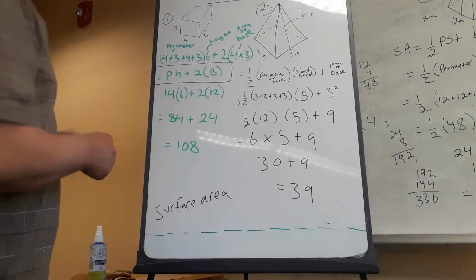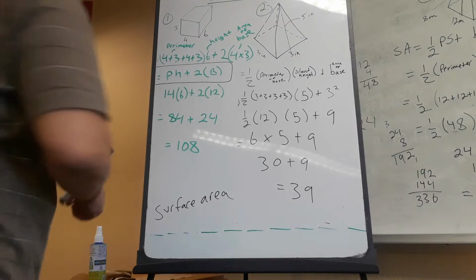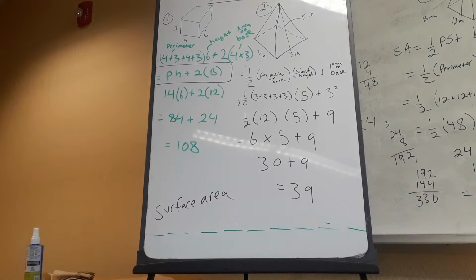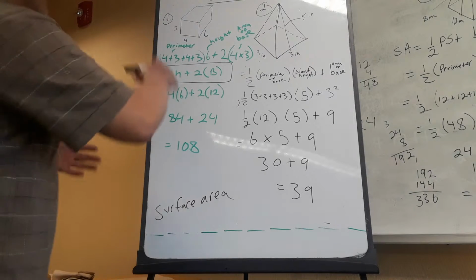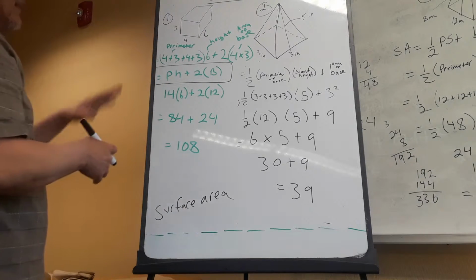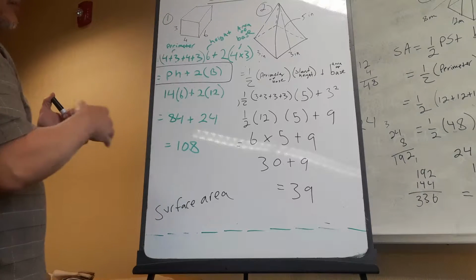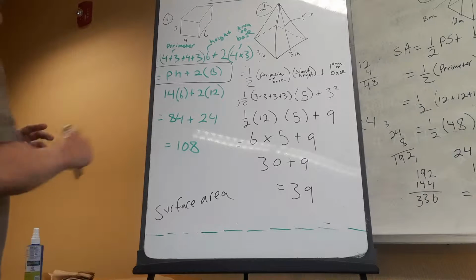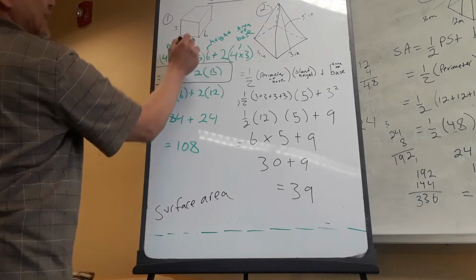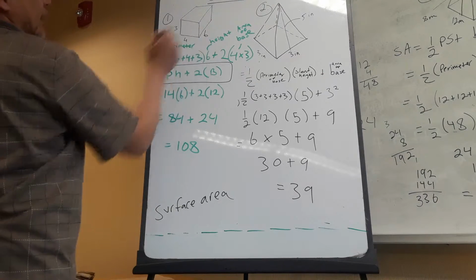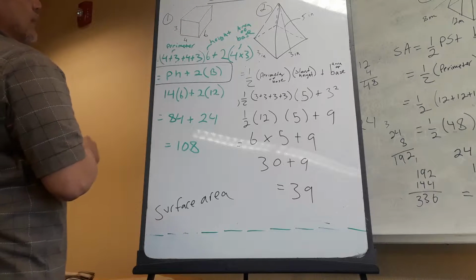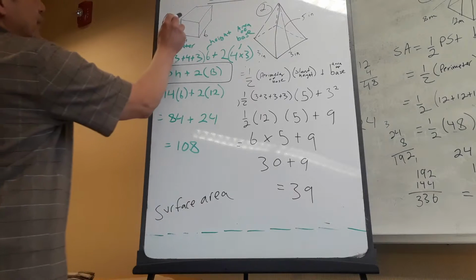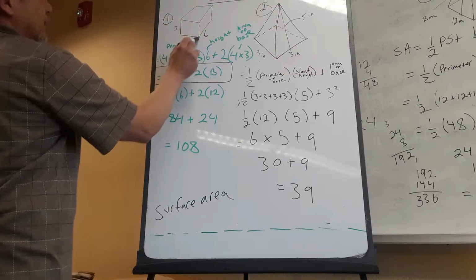You could tell that this is a rectangular prism, like on its side, right? It fell on its side because this is the height here, okay? And so when we figure out the perimeter, it will be the perimeter of the base.